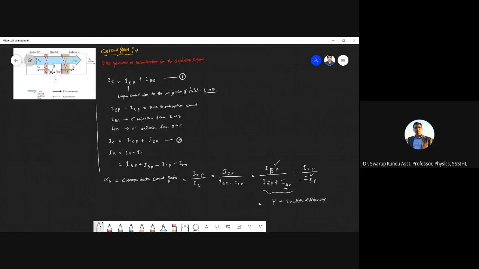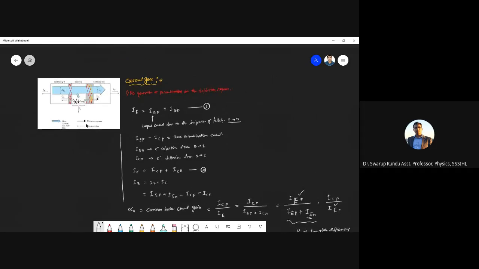So how to reduce IEN? IEN is coming because of the electron injection from base to emitter, some forward bias condition. So to reduce that, you have to change the doping concentration. So you make this P side heavily doped and N side relatively less, then the majority carriers, whatever the electrons there in the base, the number will be less than the majority carrier present in emitter, that is hole.